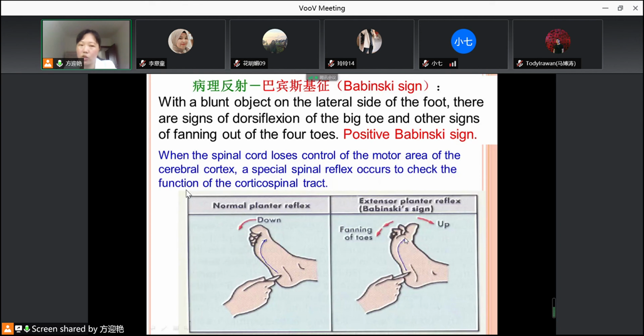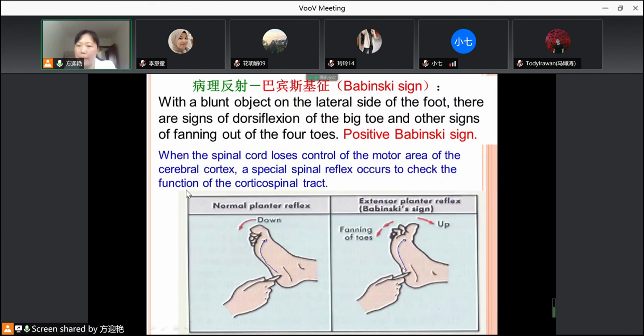The patient shows dorsiflexion of the big toe: the big toe goes up, and the other four toes fan out.